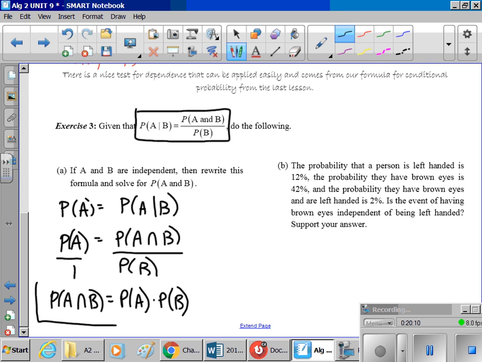So this is that second test for independence that we talked about at the beginning.